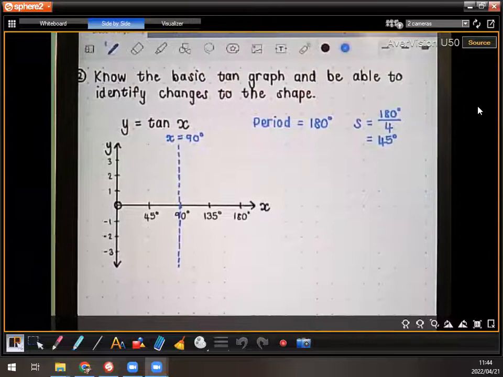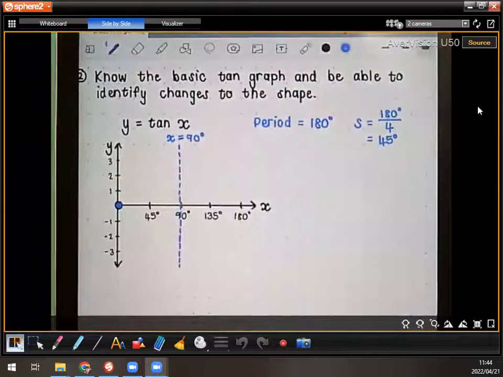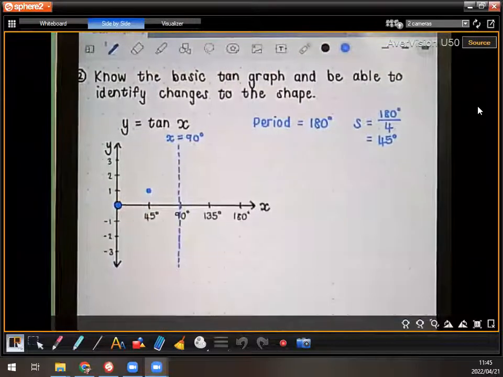Then guys, the tan graph is similar to a sine graph in the sense that it starts at the origin. Remember when I say starting point, I'm thinking of the y-axis, what's happening on the y-axis. The tan graph has a point at the origin. The next point is then at 45, 1.